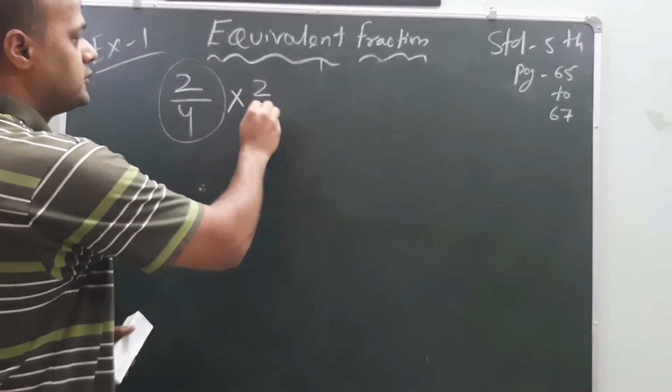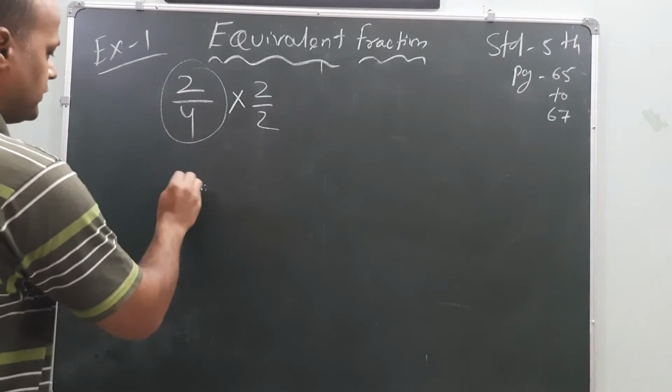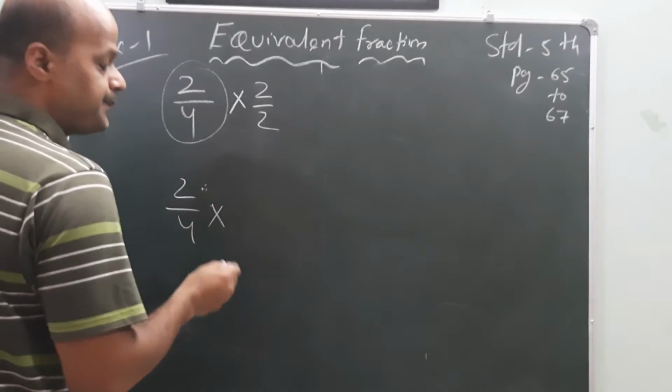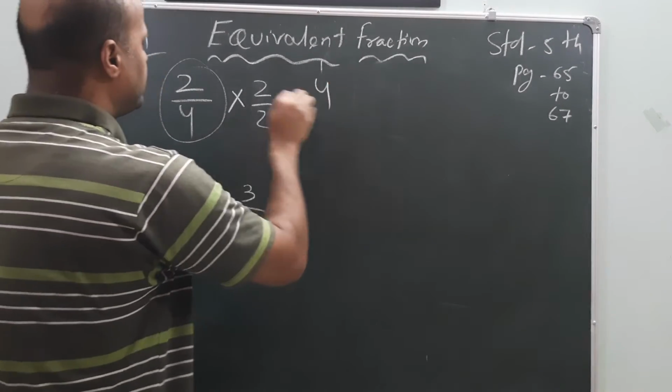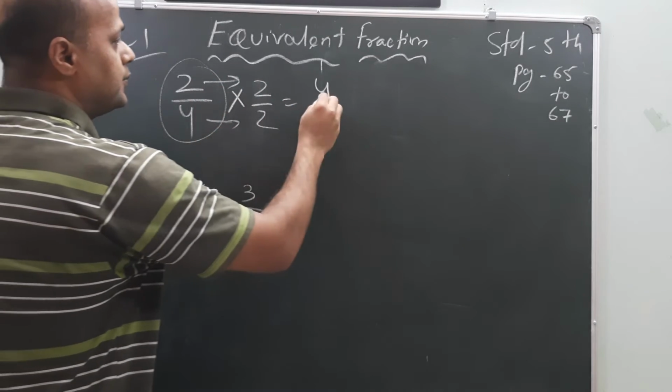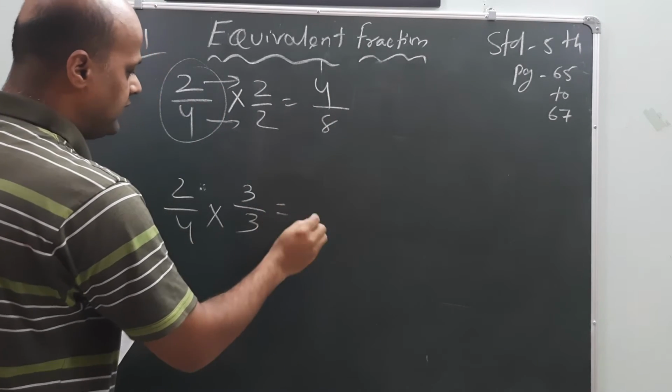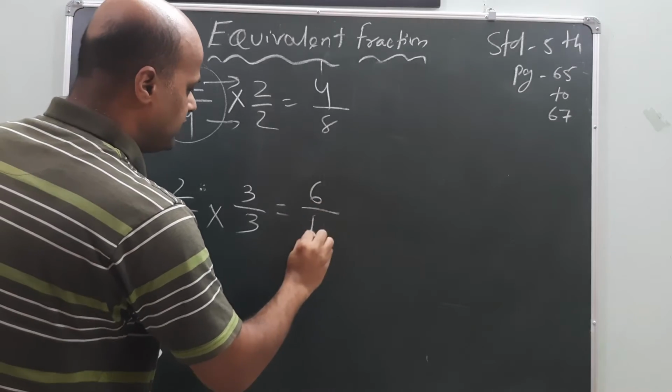So what I have to do? Put here 2 by 2. 2 is the same, na? 2 by 4 into 3 by 3 gives how much? 6 by 12.